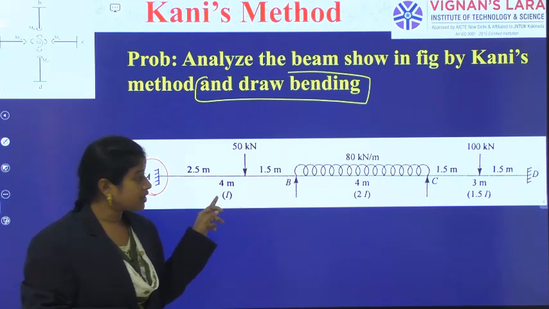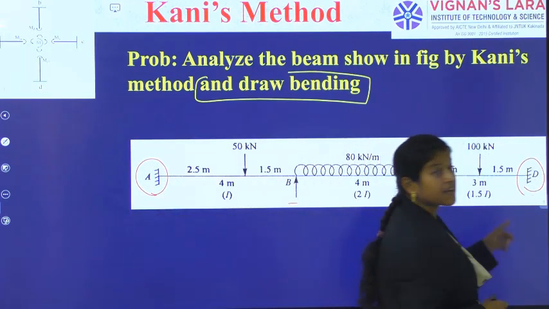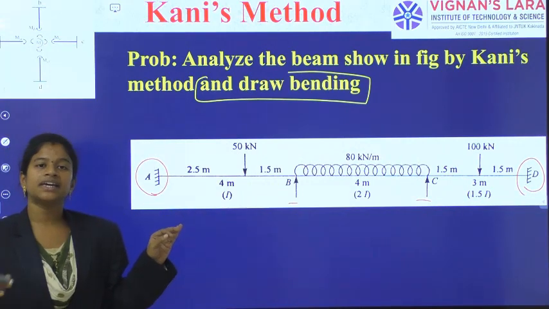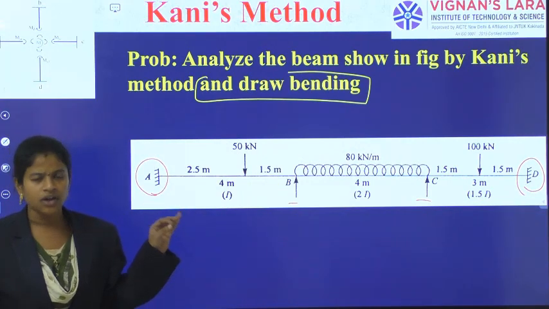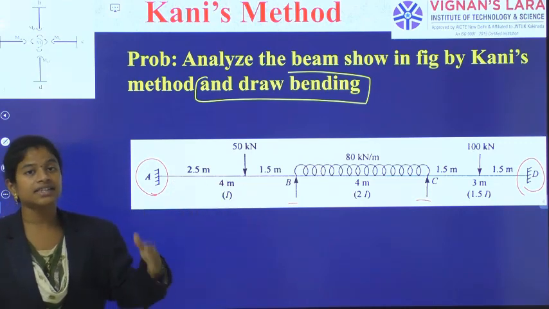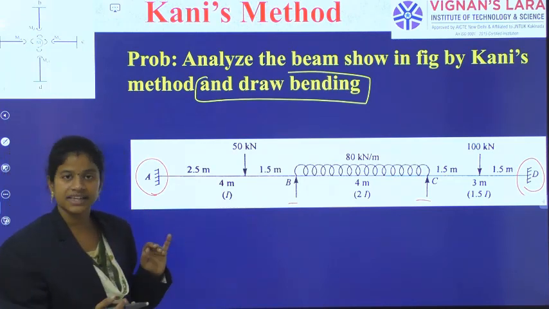At A I am observing a fixity, an intermediate joint, and again at D there is fixity. For the fixed conditions I am solving. Later, if any hinge is there, that condition we can also implement. The only thing that differs is the rotation factor calculation and the cycle iteration. So for the hinged end we will solve the next example.